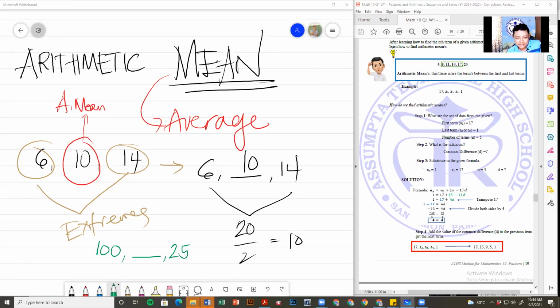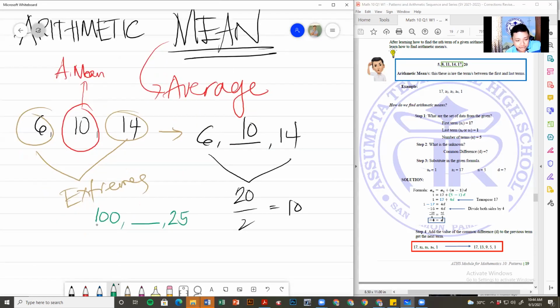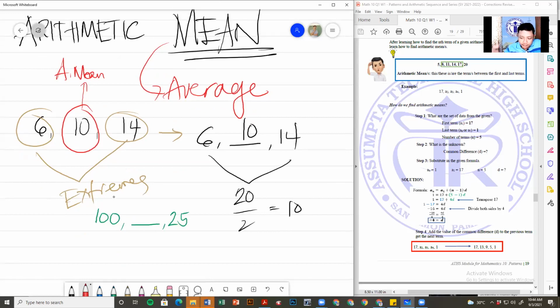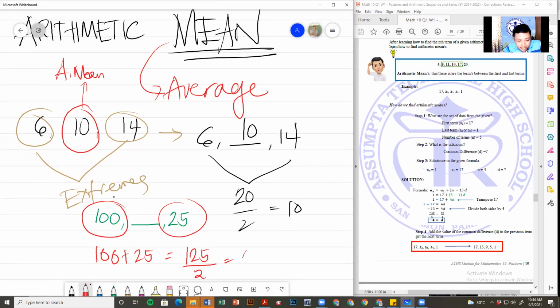Just like what I told you, we just have to add the 2 terms and then divide by 2. So 100 plus 25, the answer is 125. Divided by 2, that becomes 62.5. So therefore, our middle term, or the arithmetic mean, is 62.5.